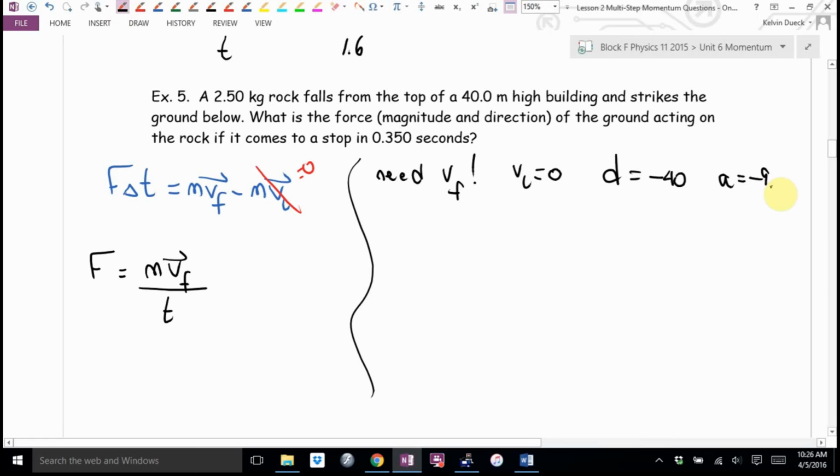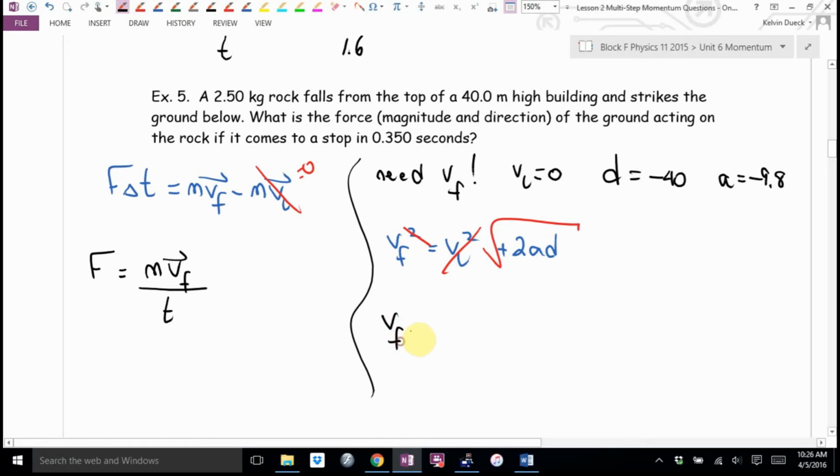Looking for an equation that has a VF, a VI, a D, and an A in it. There is one. Which one? VF squared equals VI squared plus 2AD. Good. And I can do this, yes? And how do I get rid of a squared? Square root. I think that's going to be V final.